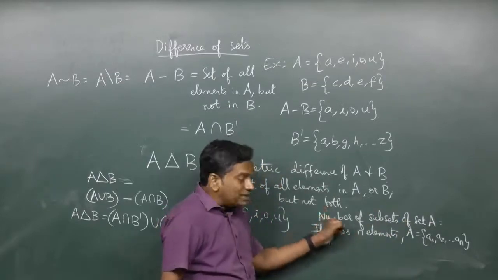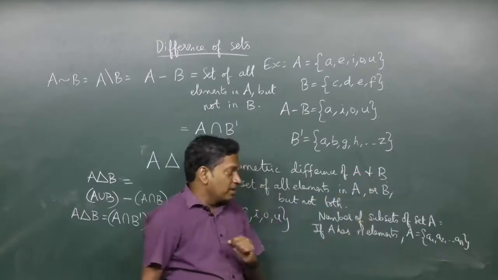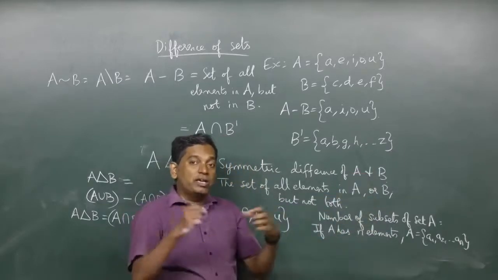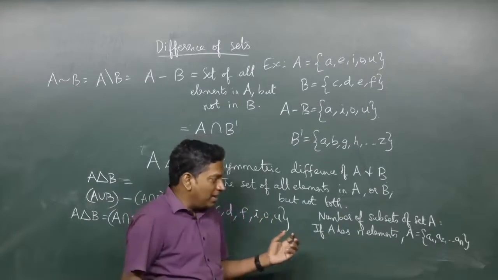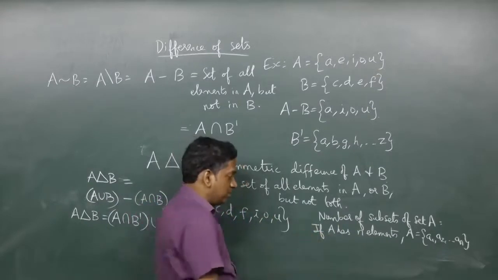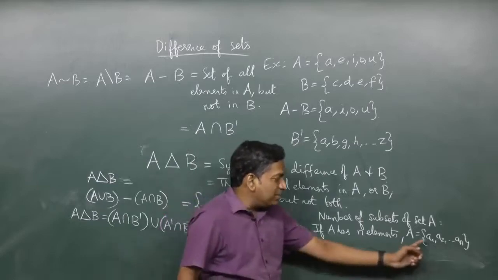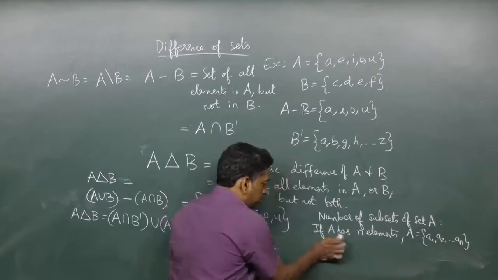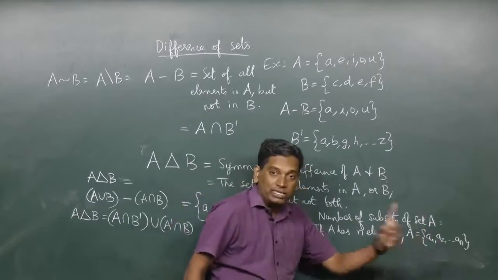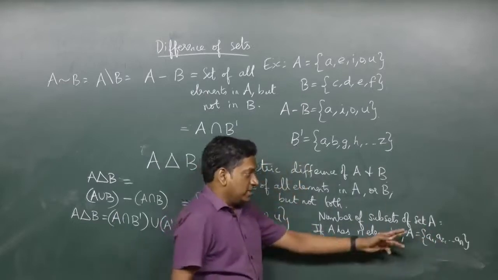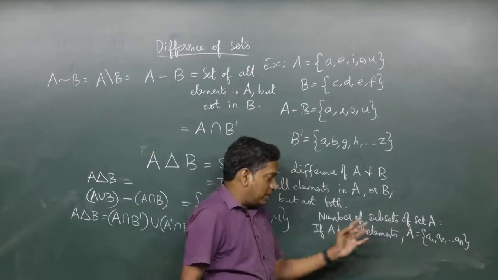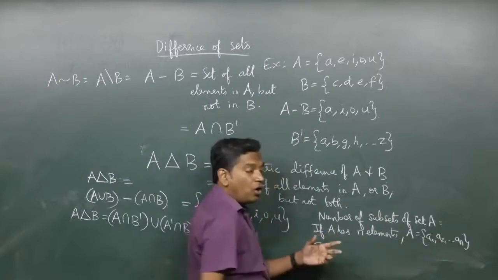But to find the total number of subsets, we need to ask, how do we count all the subsets? If you write any subset S, you can find that each element, A1, A2, etc., has two choices. This element A1 can either be present in the subset S or not present.